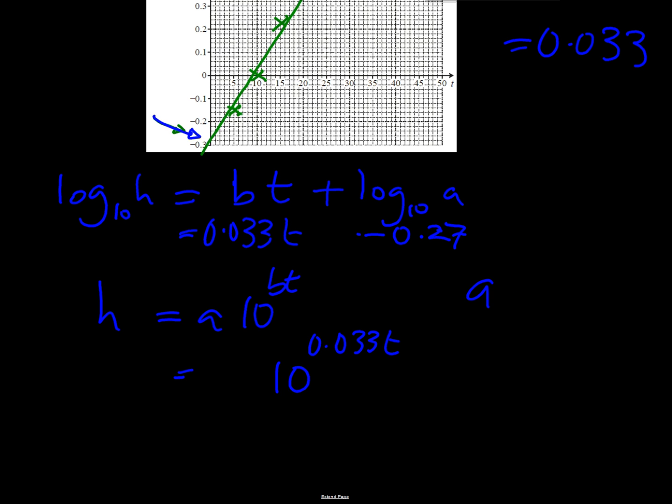So a equals 10 to the minus 0.27 equals 0.537. So putting that in the formula, 0.537 times 10 to the 0.033t, that will be our relationship.